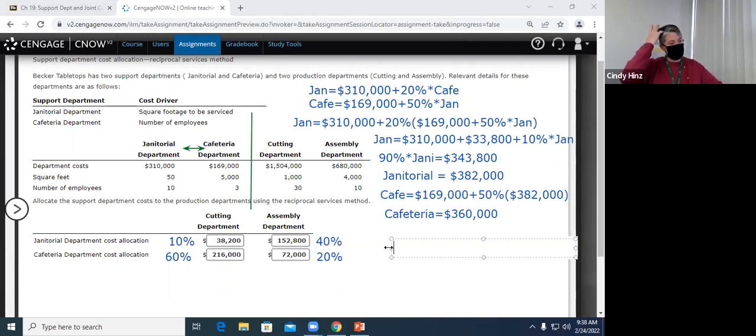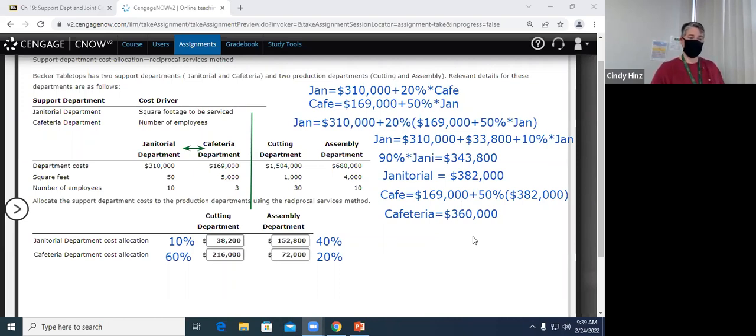So the janitorial department gets an allocation from the cafeteria. And right here, the 20% times cafeteria is how much got allocated to janitorial. So 20% of the 360,000 is 72,000.